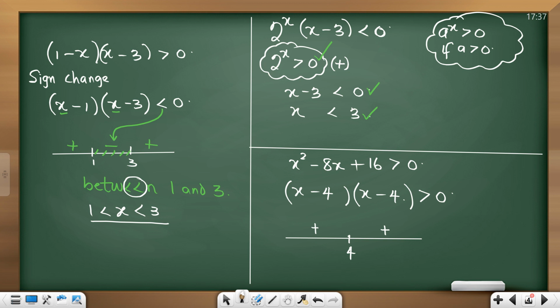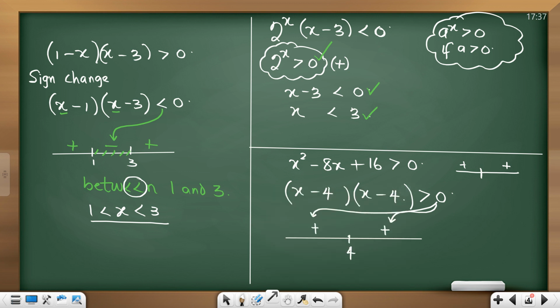Because basically, look, this is what we're saying: positive, negative, positive. But now we're closing the gap. You see, I'm closing the gap until it overlaps. Oh, so the negative is now hidden. Positive and positive. And since I want this to be greater than 0, check that.